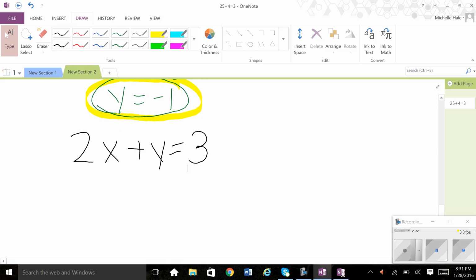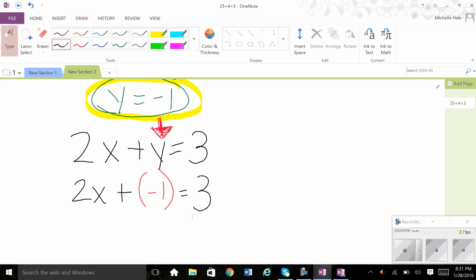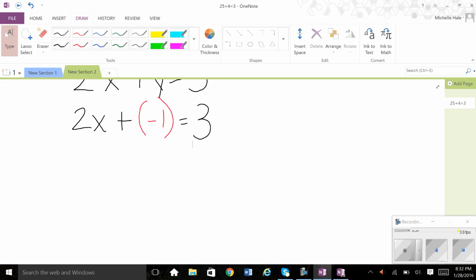Okay, so now I'm going to take this y and substitute it in for this y. So since y equals negative 1, we can plug in negative 1 for y in that equation. So let's do 2x plus negative 1 equals 3. That's the same thing as saying 2x minus 1 equals 3.